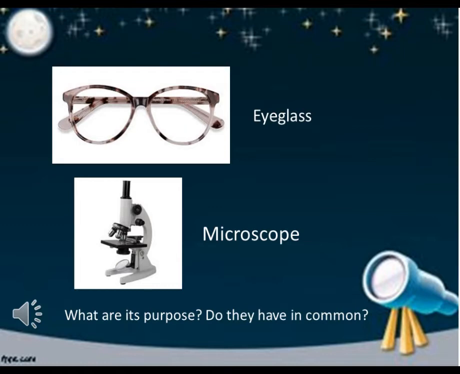Yes, they have lens. In optics, this is a piece of transparent material, usually circular in shape with two polished surfaces, either or both of which is curved and may be either convex, it means bulging, or concave, it means depressed. A lens has the valuable property of forming images of objects situated in front of it.